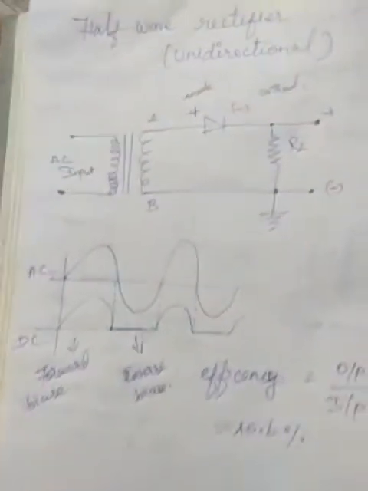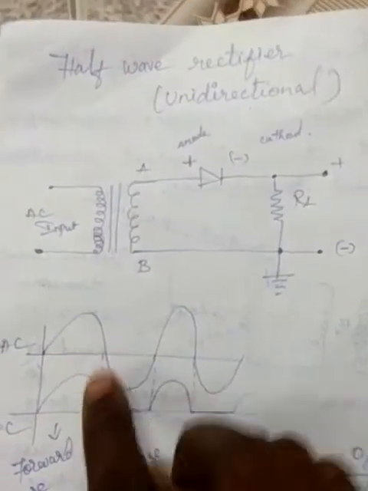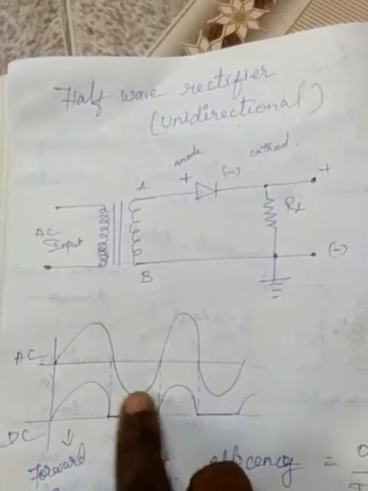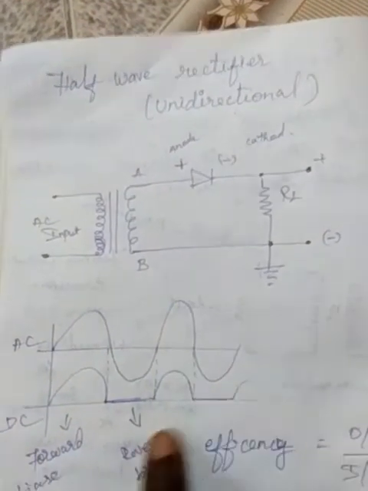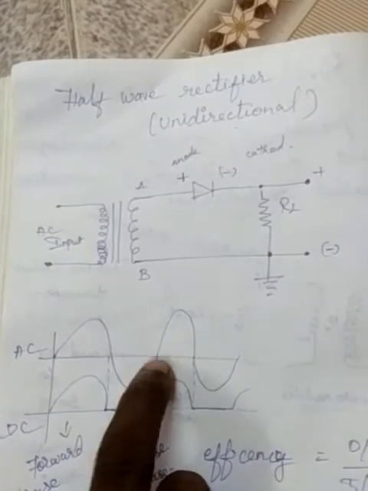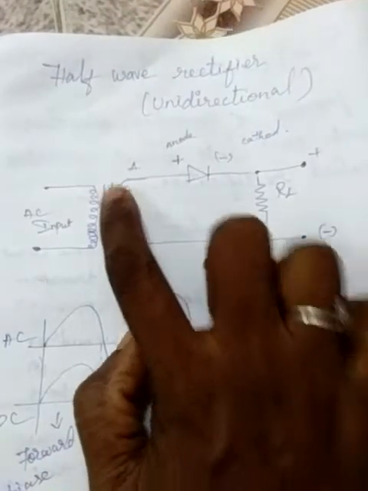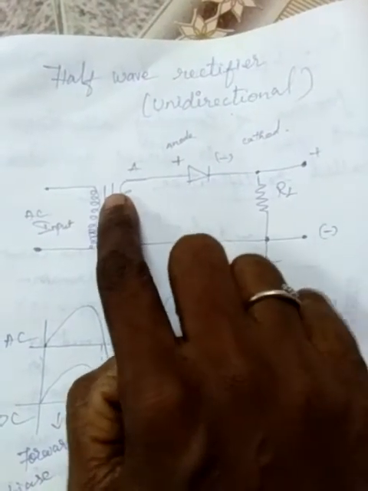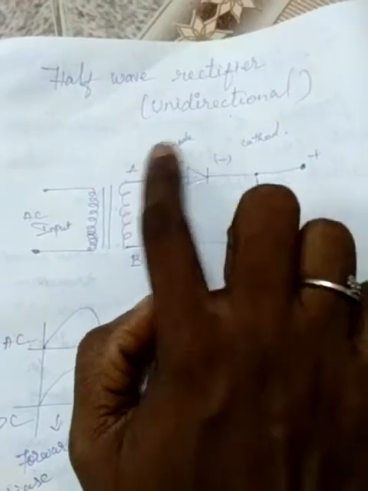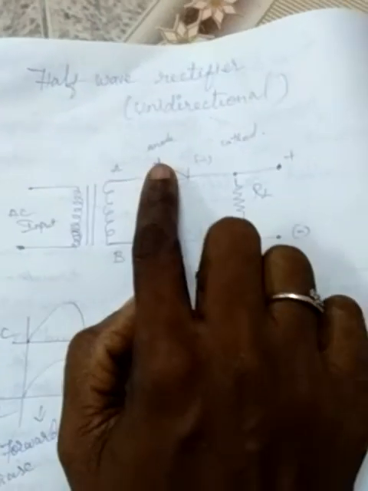Now we draw the sinusoidal graph, with crest and trough. This is the AC, positive, negative, positive, negative. Where we give the minus value, the bias changes to reverse bias.